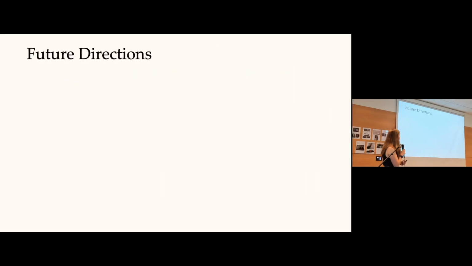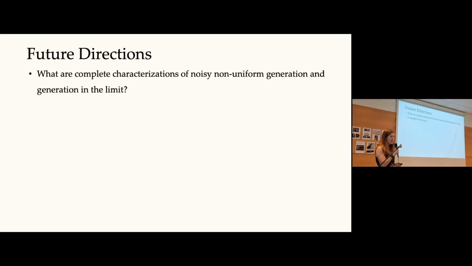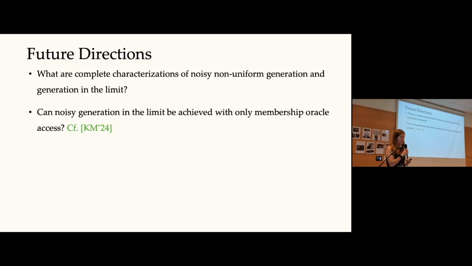Cool. And so some future directions of this work are complete characterizations of noisy non-uniform generation and generation in the limit. And also a natural question here is, so we know that standard generation in the limit can be achieved with membership oracle access, membership queries. We saw in Chirag's talk that this is not something you can achieve with non-uniform generation.